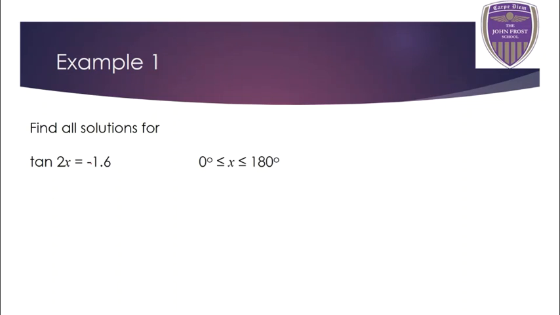I want to solve this equation here, in this range. The range of my answers must be between 0 and 180. Now we can see this equation refers to 2x, not x. So we need to change this range to reflect the fact that we're looking at 2x.